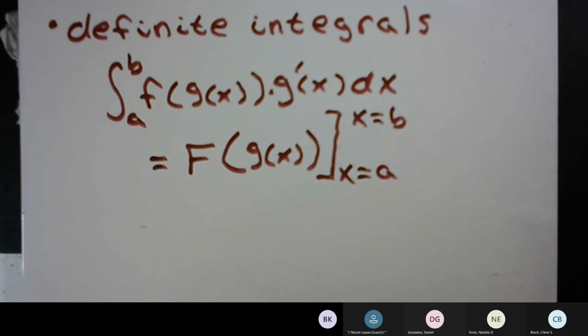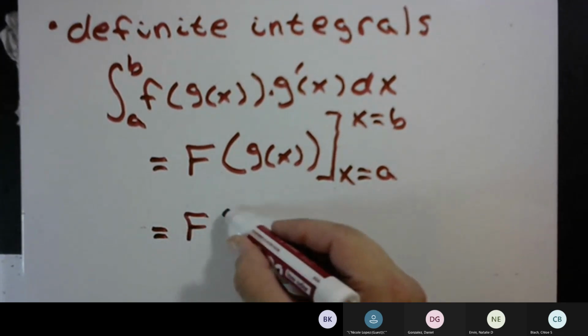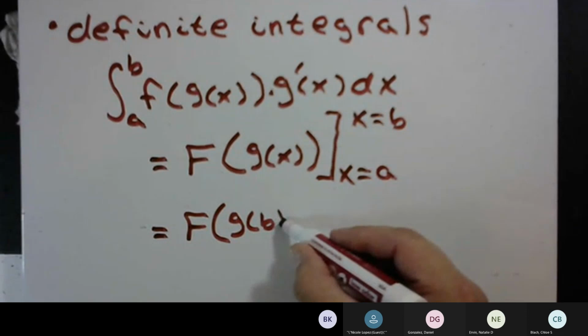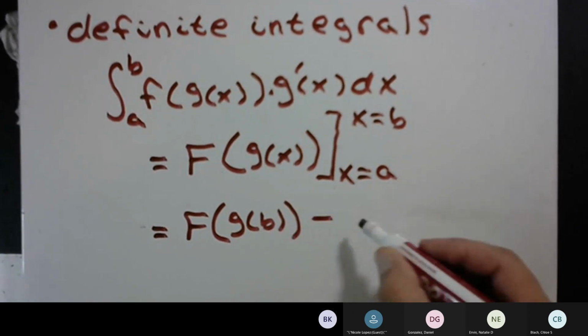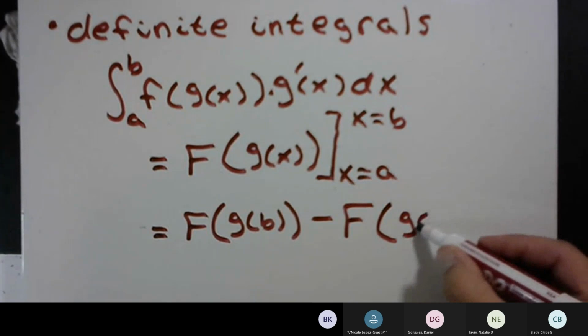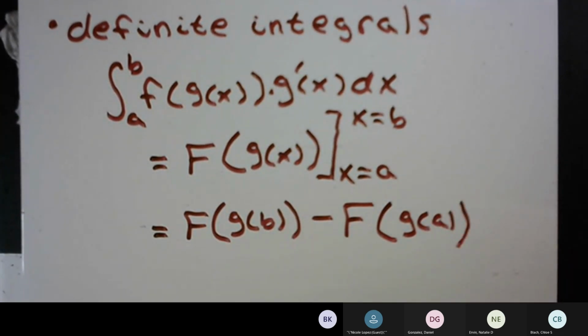So in this case, what we can do, this becomes F of g of b minus F of g of a. And now we're going to work a little bit backwards.